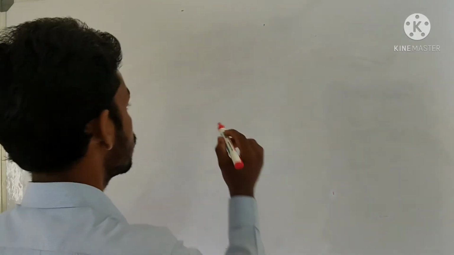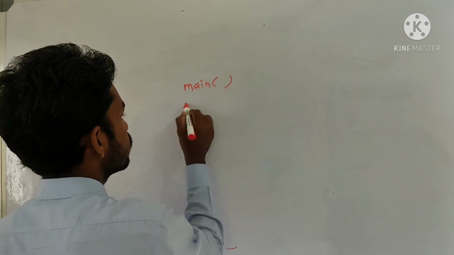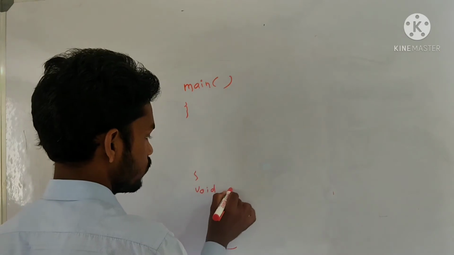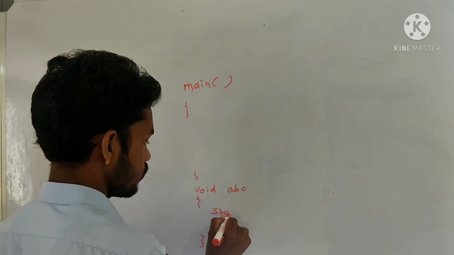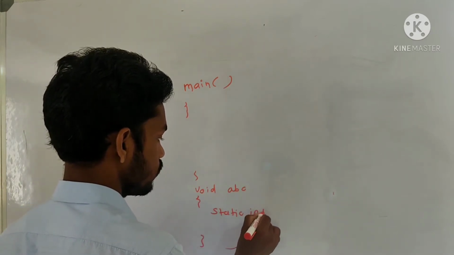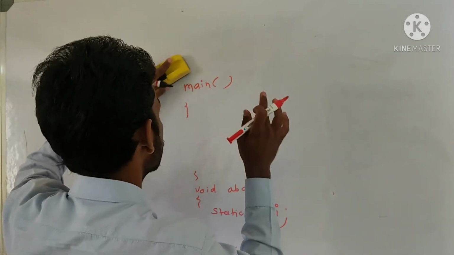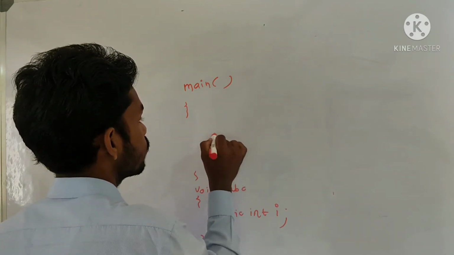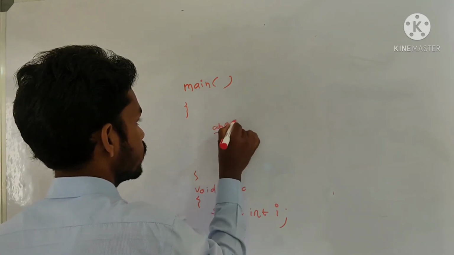Then the lifetime of that variable. Suppose I have one main function and one function, void abc, which has a static int i, and here I am doing different operations and calling the abc function.